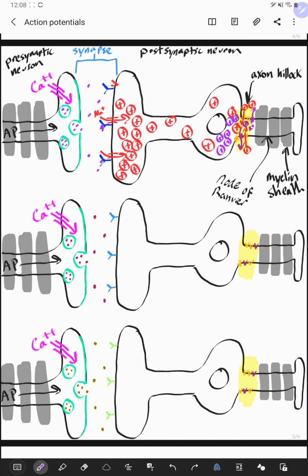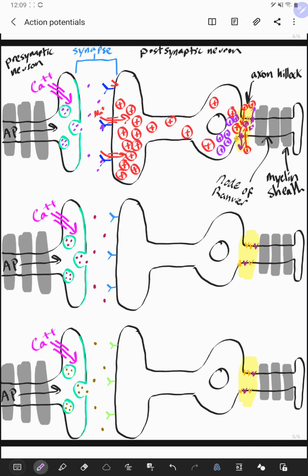And when it goes into the cell, it's going to trigger these neurotransmitter globules to move in this direction so that they can fuse with the membrane and be released. So same thing that happened in the excitatory response example. But there are different neurotransmitters here.